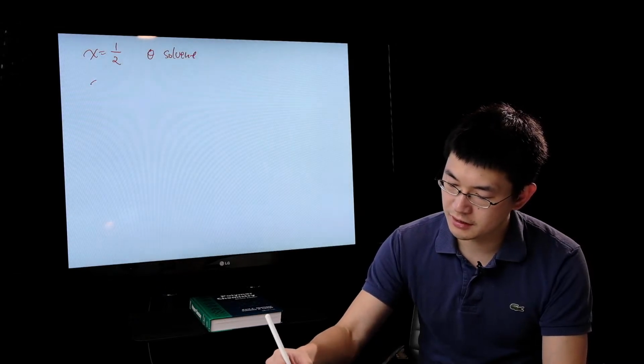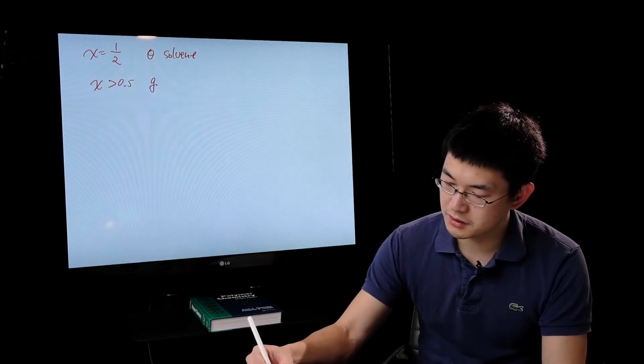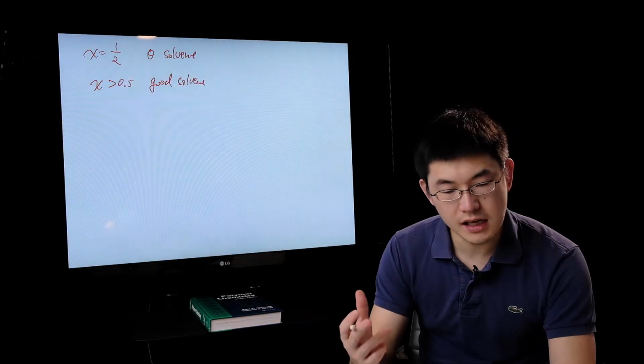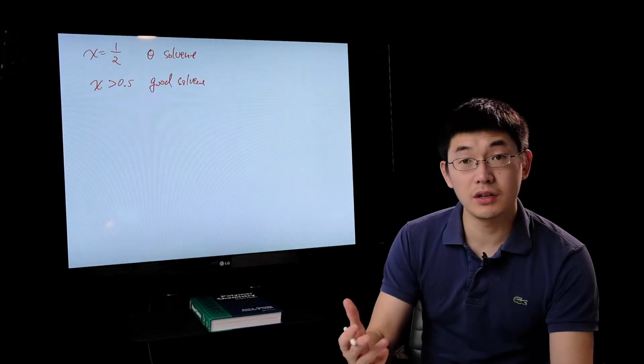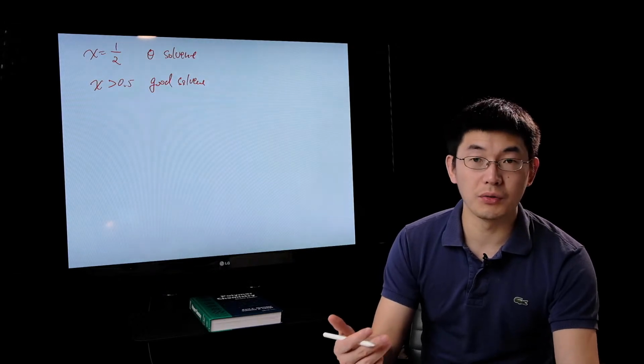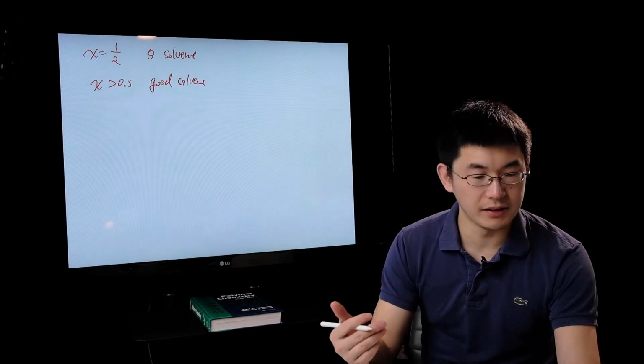And if chi is larger than 0.5, we know it's a good solvent from the previous discussion. But what exactly is this interaction? This can be understood at the molecular level.